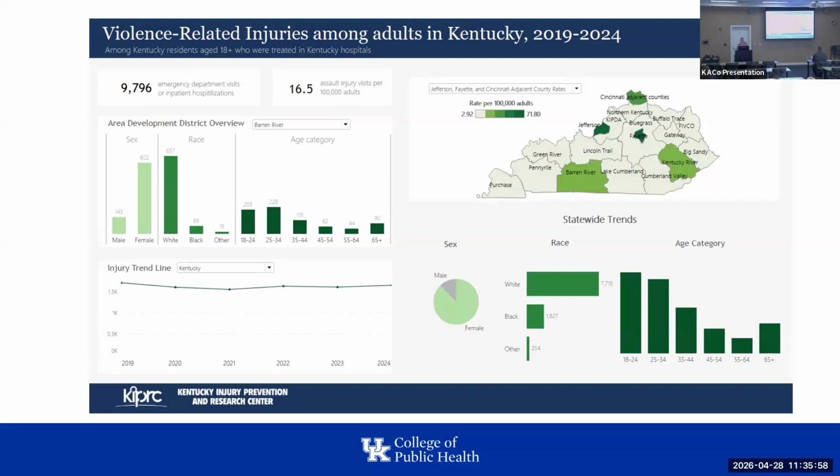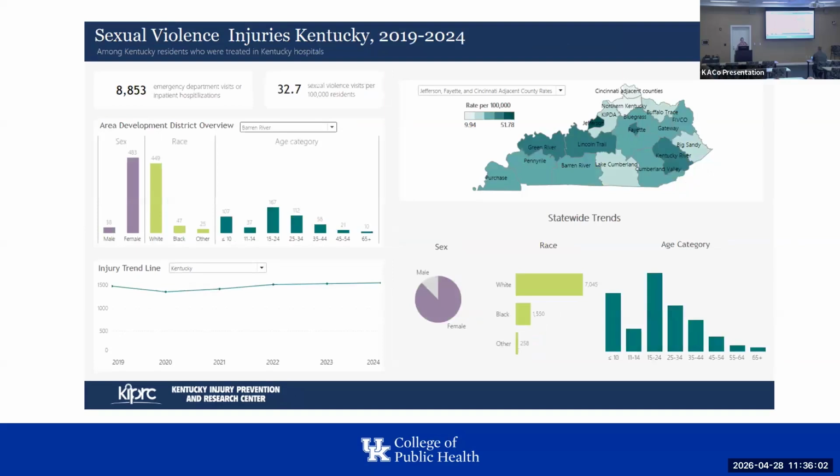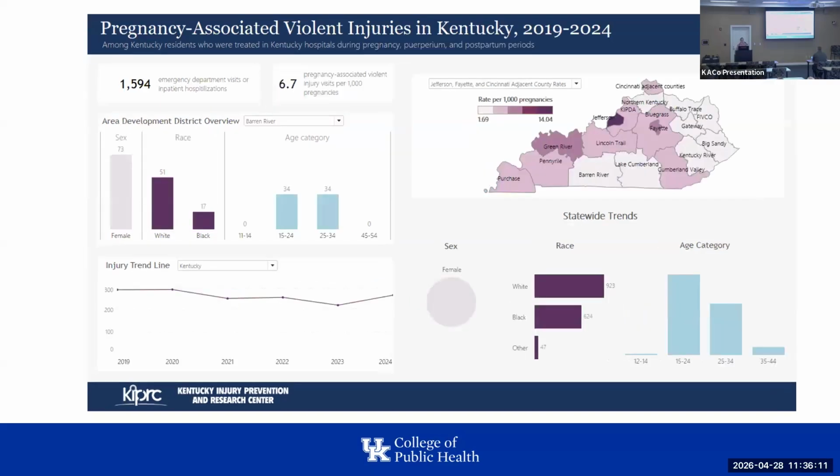Next, we have our adults, so those 18 and above. And then we see sexual violent injuries. And then pregnancy-associated violent injuries. So that is those who were injured who were pregnant or postpartum.